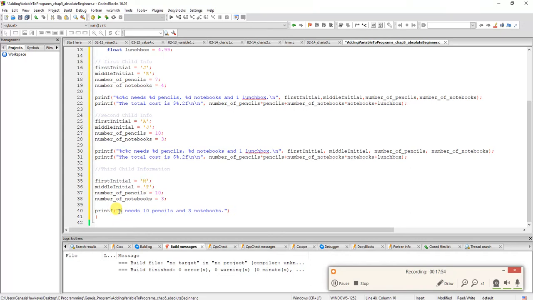So %c, right? So MT needs an integer amount of pencils, some number amount of notebooks, and of course, one lunchbox.